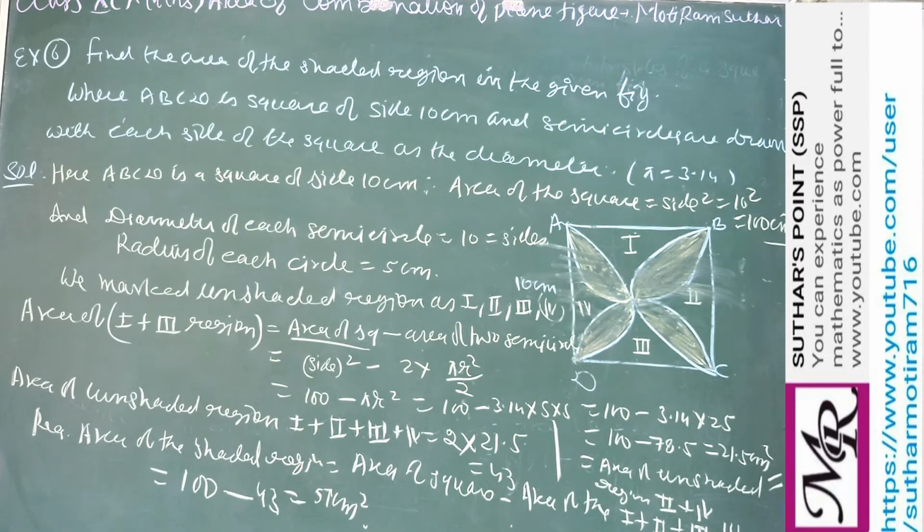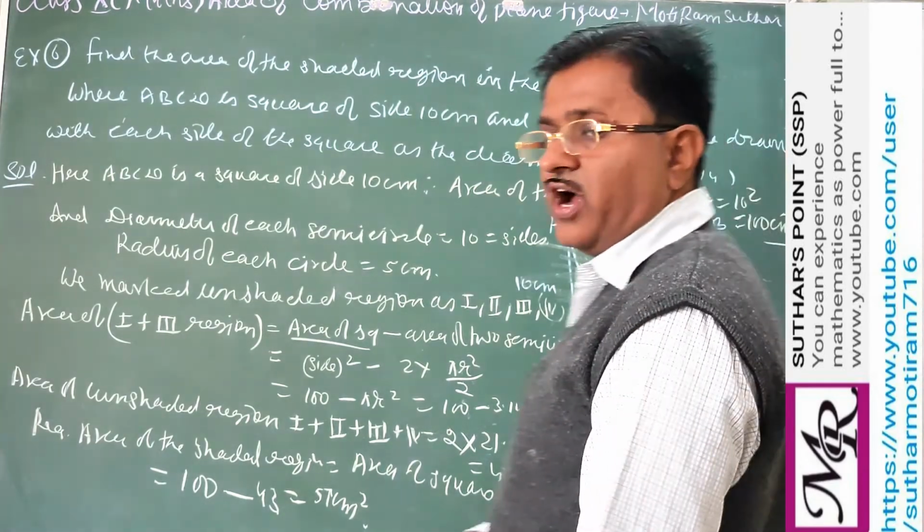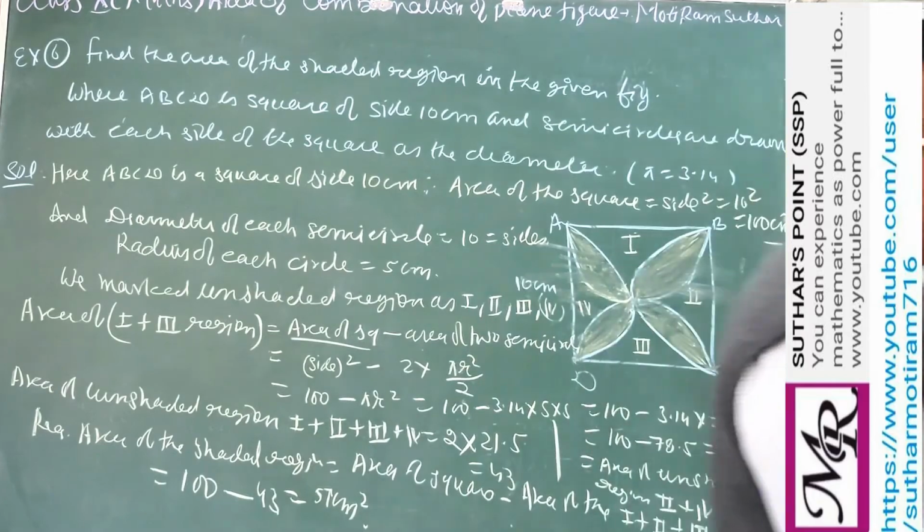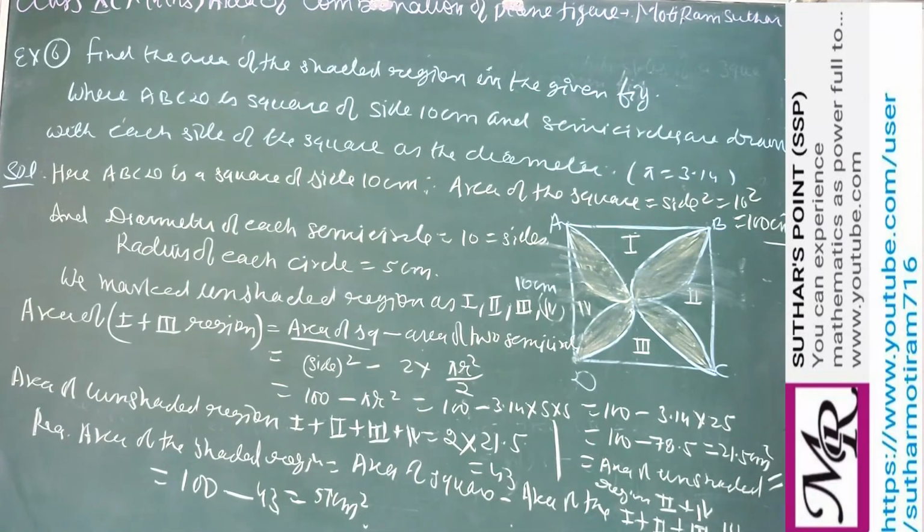If the radius and central angle are given, then one can easily find the area of a sector and a segment. Clear? With the help of that, you can find the required area of a combination of plane figures.